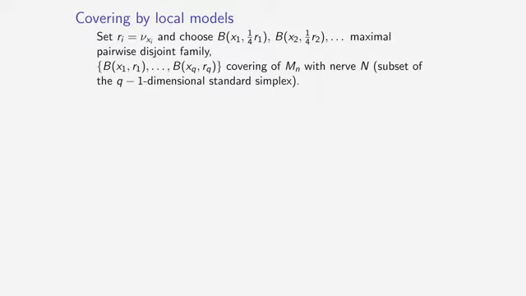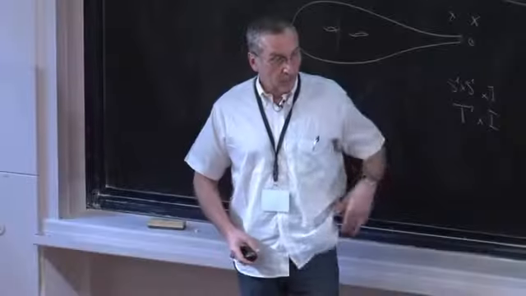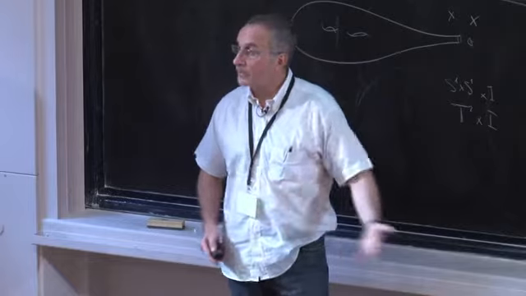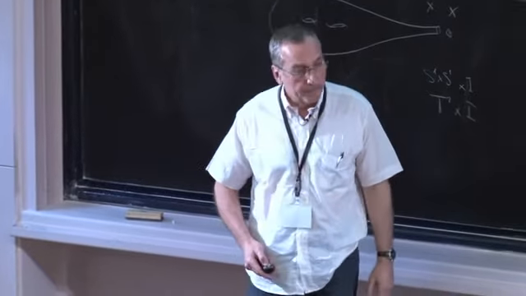Everything depends on n at the moment here. And this covering has a nerve, which is just a subset of the Q minus 1 dimensional standard simplex, where Q is the number of balls that has been taken here, which could depend on n.